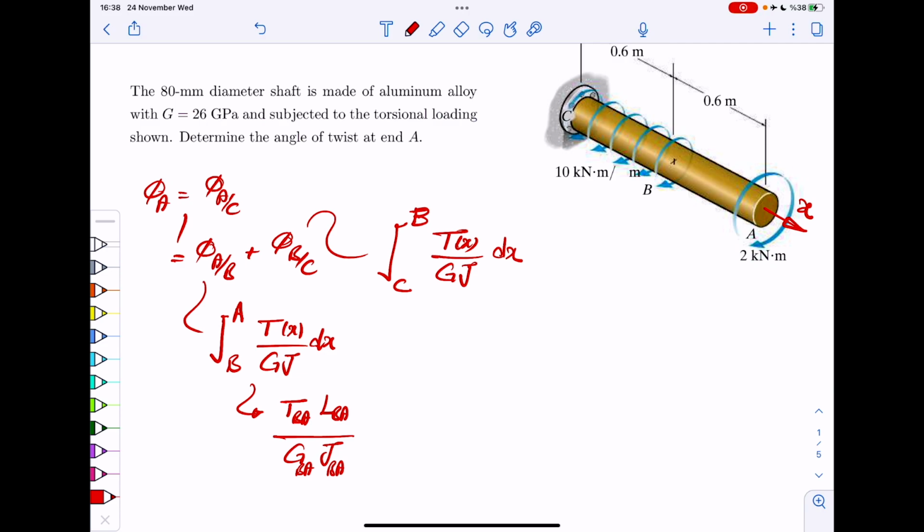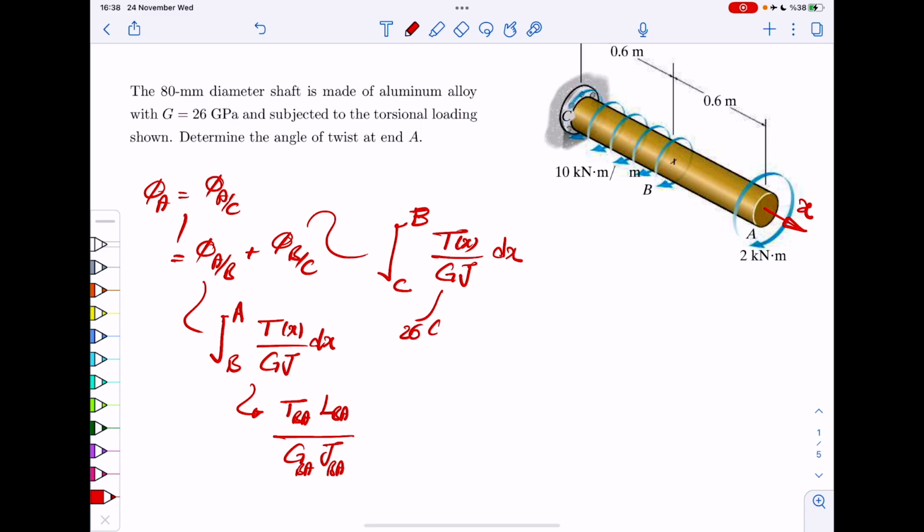Okay, so it's important to appreciate what's happening here. All we need to do now is find out what is T as a function of x. G and J are constant. G is given, it's 26 gigapascal. J, it's a circular shaft with a diameter of 80 millimeters, so that's not difficult.